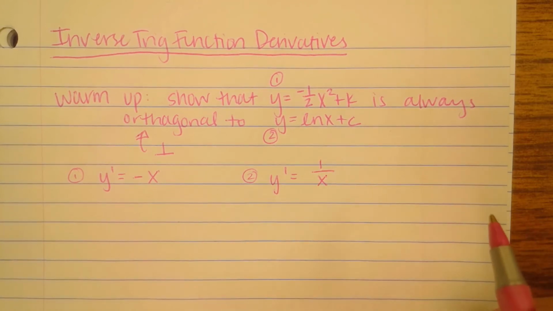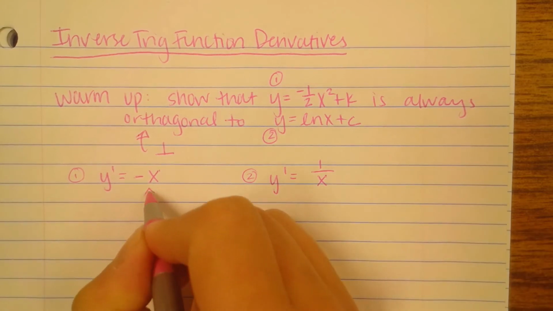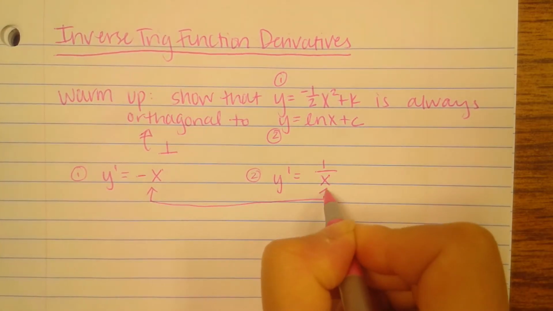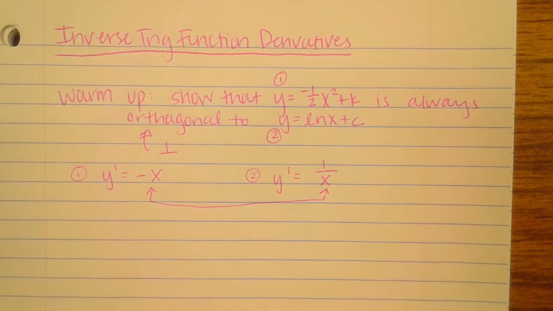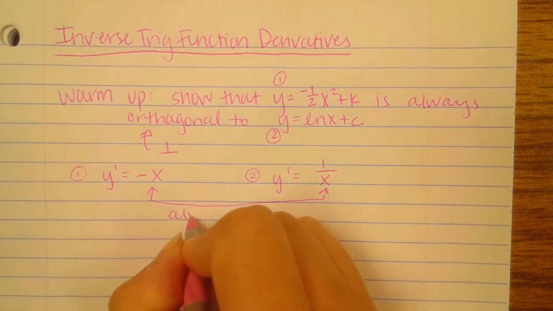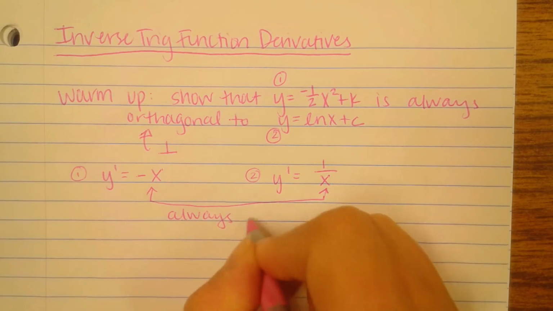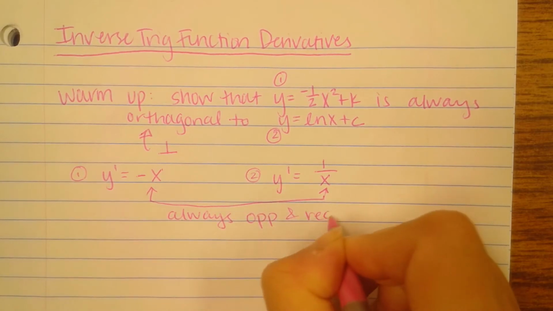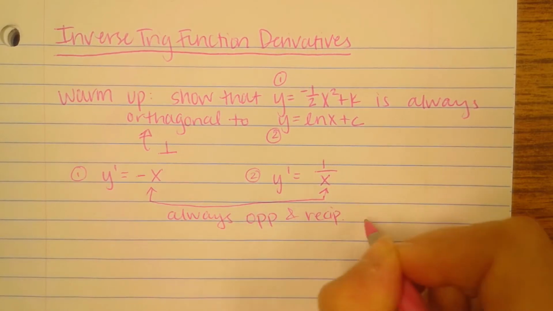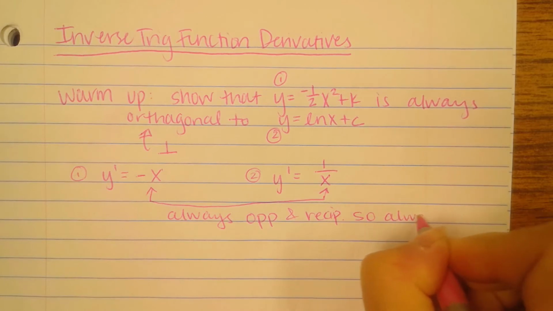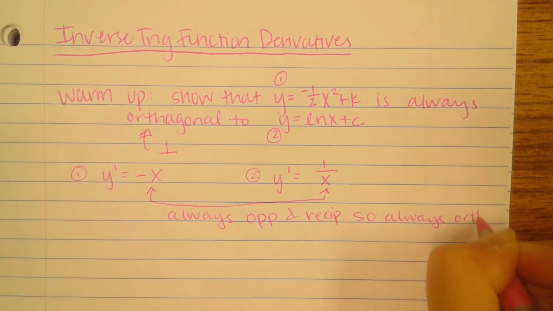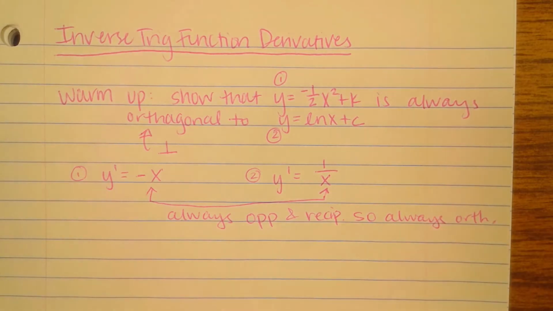So looking at what I have, negative x and 1 over x, these two slopes are always opposite and reciprocal. So that means that they are always orthogonal. We just proved and showed that that was true.